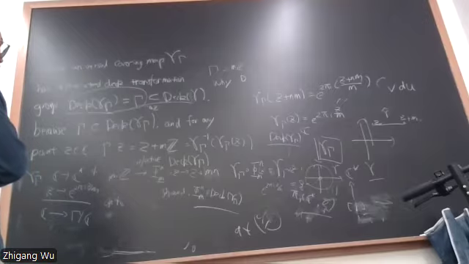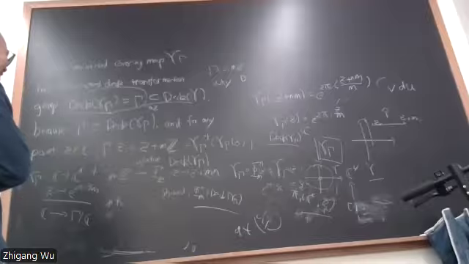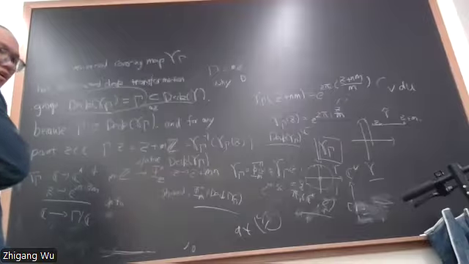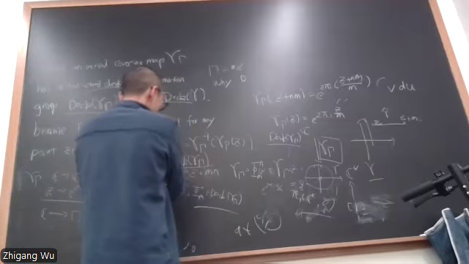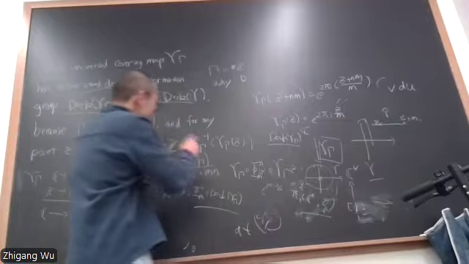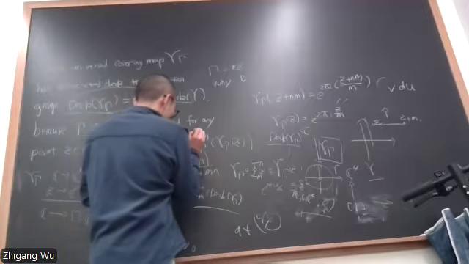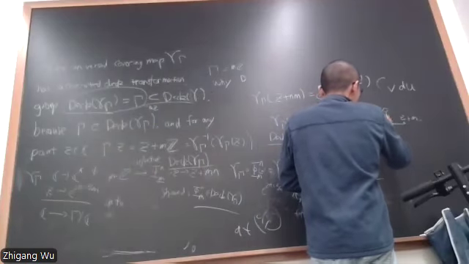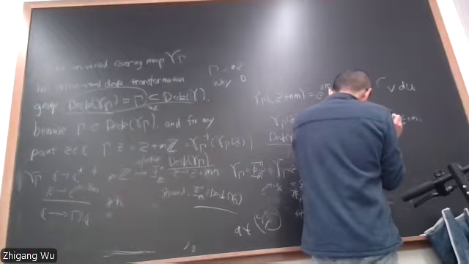For any element of this stack transformation group, we can specify it by the initial value, by its image, by the image of this value, right? So what are the possible images of this value?